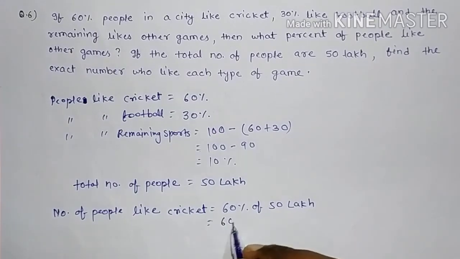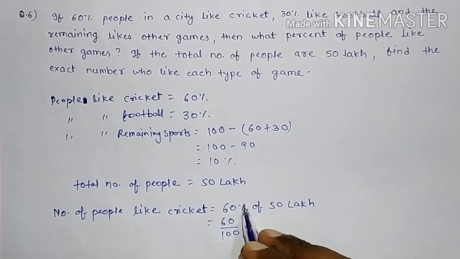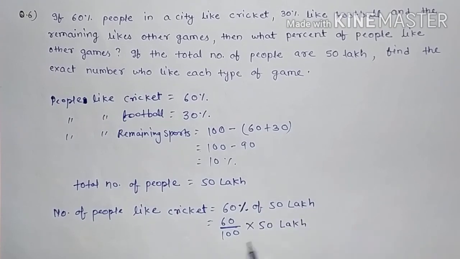So this is 60 divided by 100. So if we write percentage to numbers, percent is always converted into base 100. So of means multiply, and this is 50 lakh. Just simplify it, 0 and 0 cancel out. So this is 6 into 5, that is 30. So 30 lakh people like cricket.